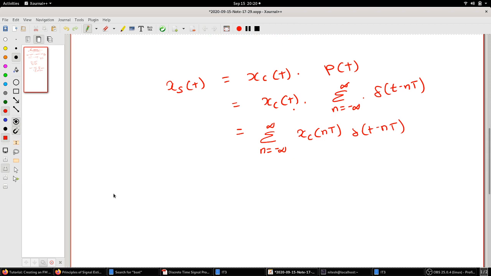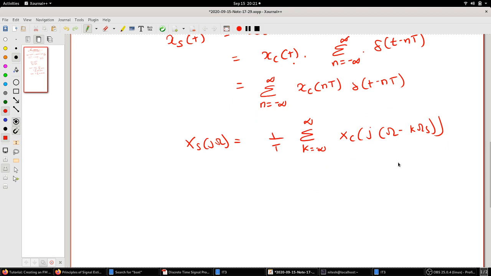Now what we have seen is that xs of j omega was equal to 1 upon T summation k equal to minus infinity to infinity xc of j omega minus k omega s. This is what we saw.